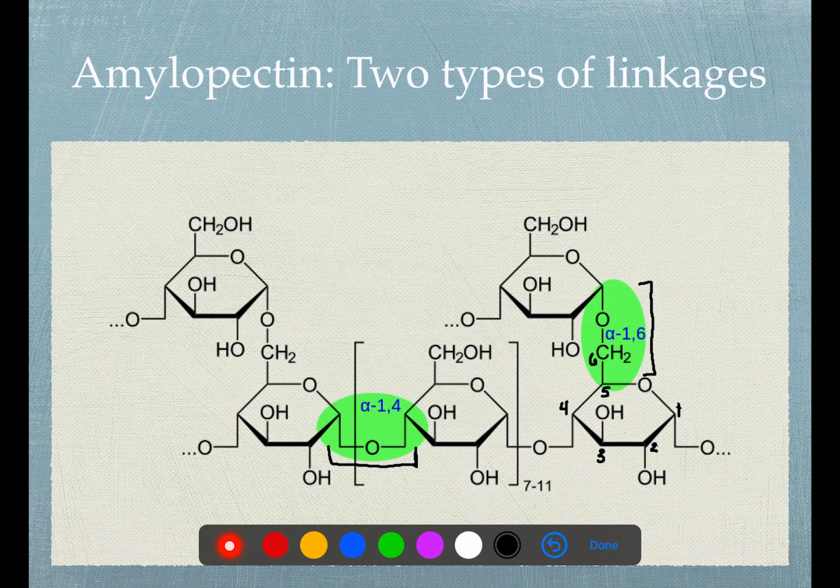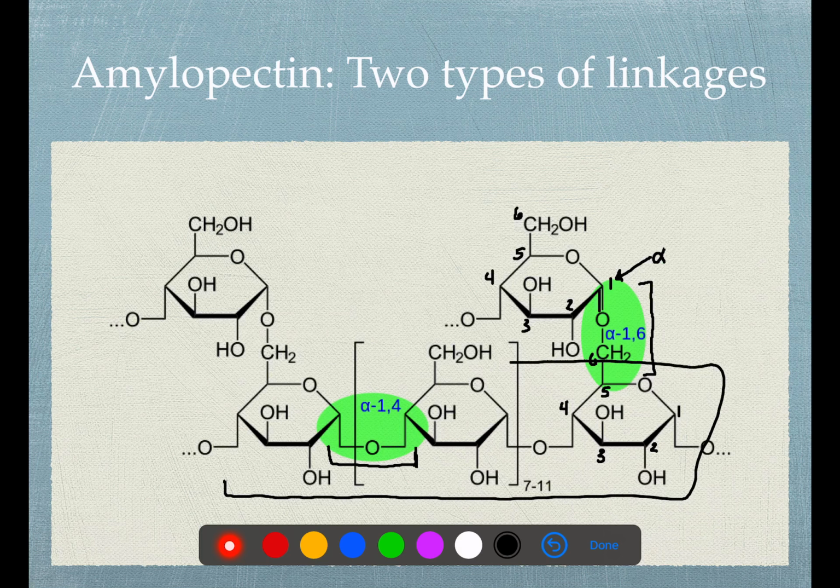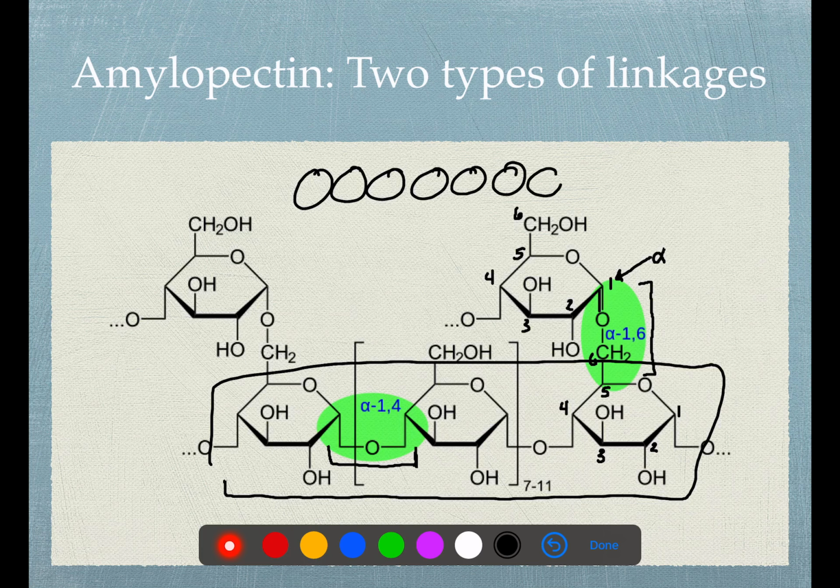There's carbon number 6, and there's carbon number 1. And in terms of designating alpha, carbon number 1 is the only one that's anomeric here, and it is the alpha anomer.